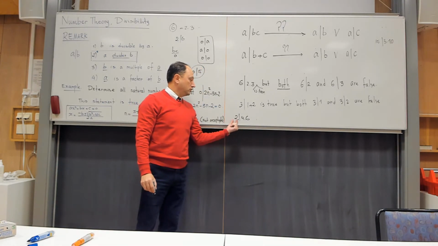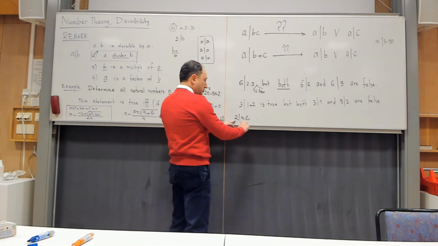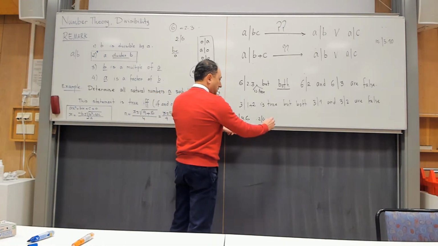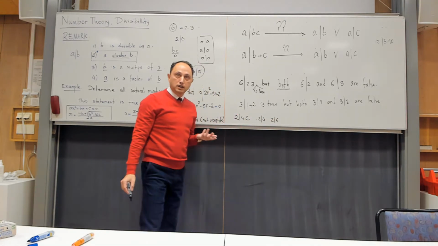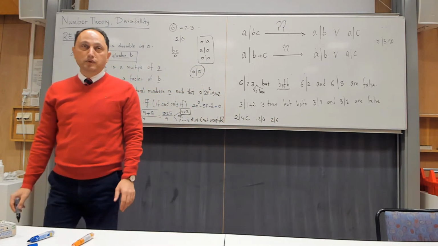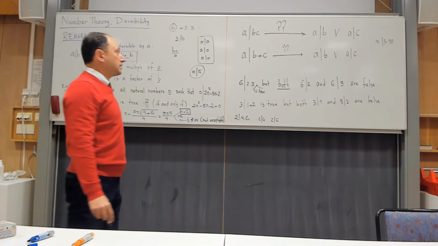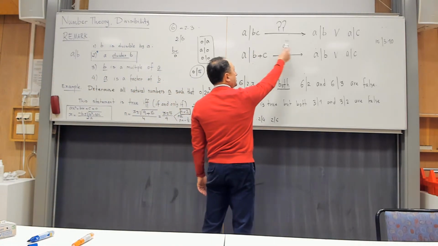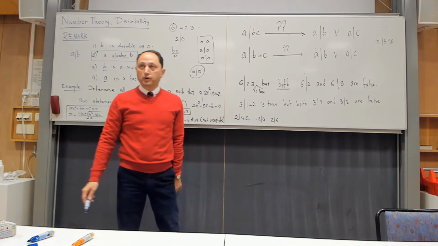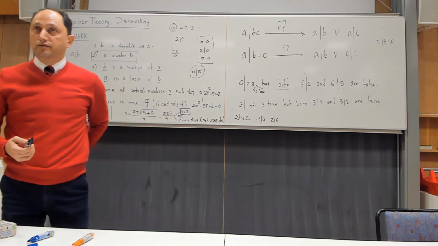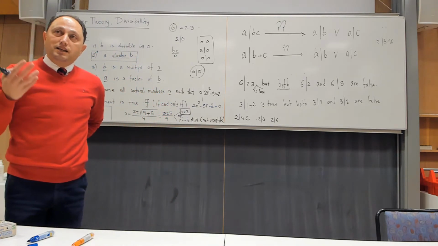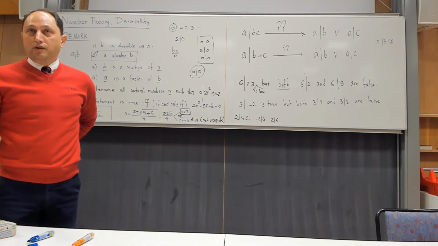Can I conclude that 2 divides 4 and 2 divides 6? So you see, this is true, this is also true. I can cook up a lot of examples so that this will work, but I cannot rely on that as a general statement. That's the whole point. When you say something in mathematics is false, it means there exists a counterexample.